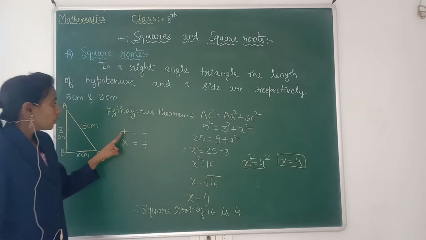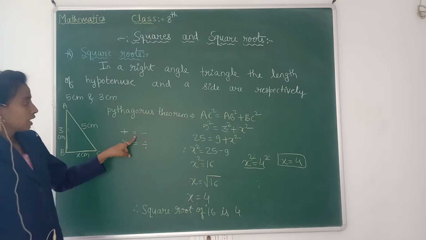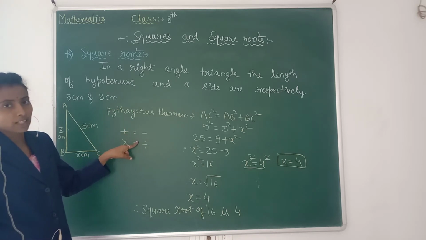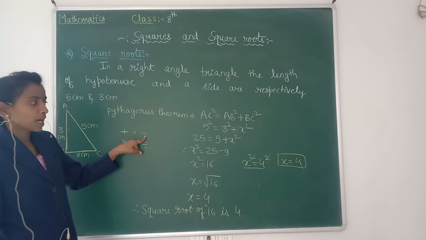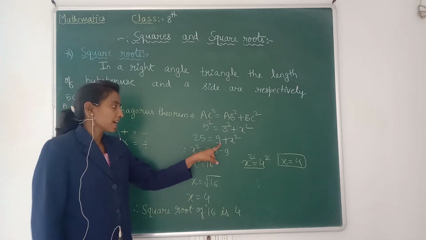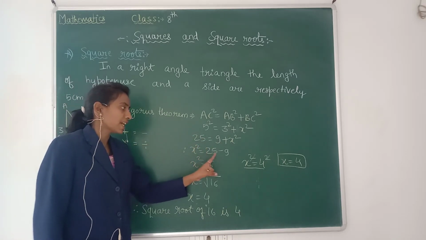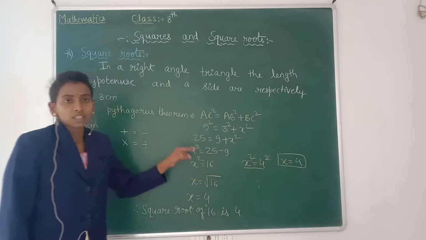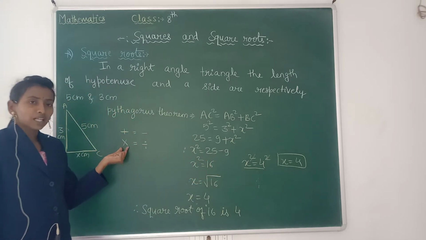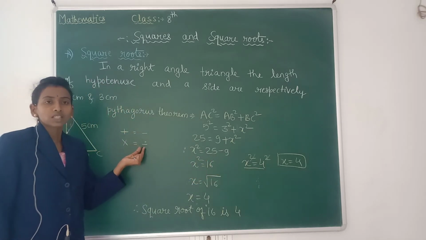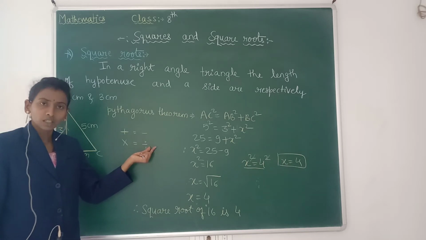When a plus sign crosses the equal sign, it becomes minus. Here see, plus 9, when it crosses the equal sign, it becomes minus. Suppose we have a multiplication, when it crosses the equal sign it becomes division.